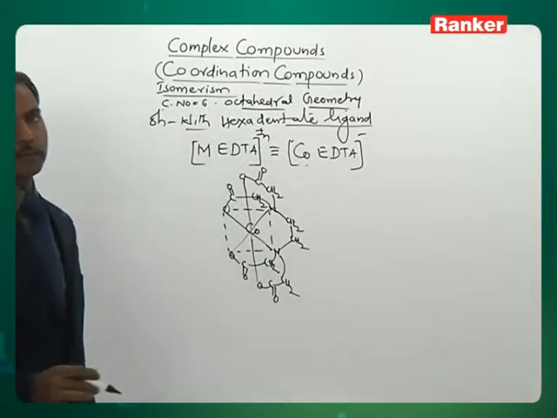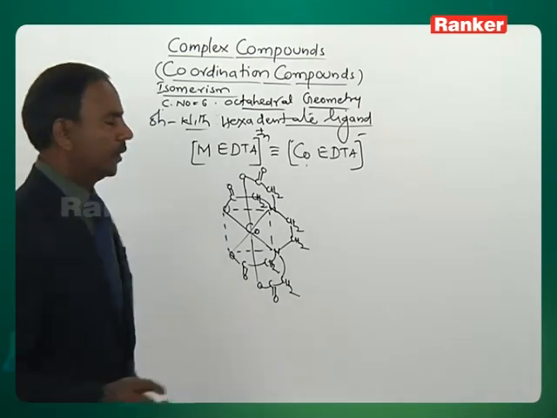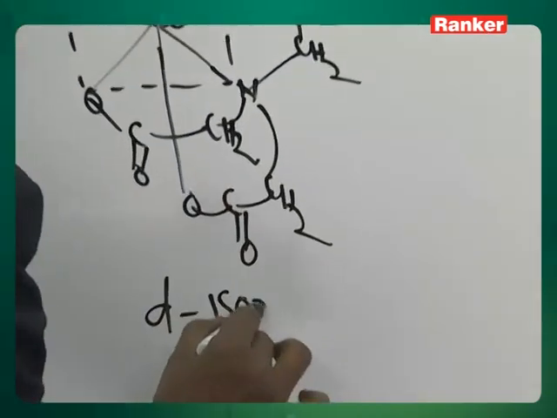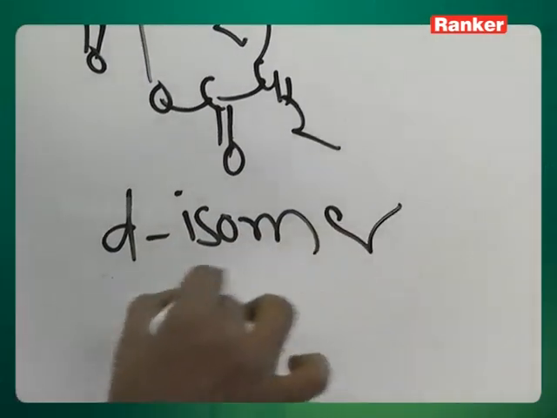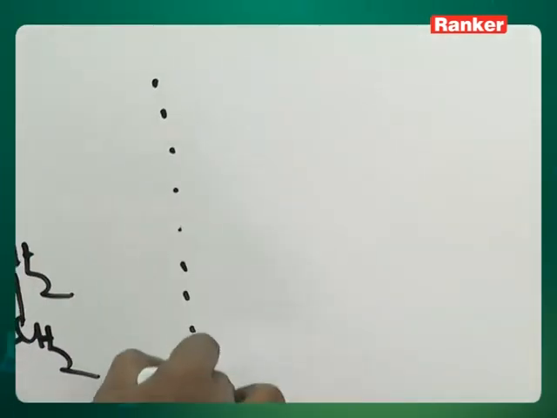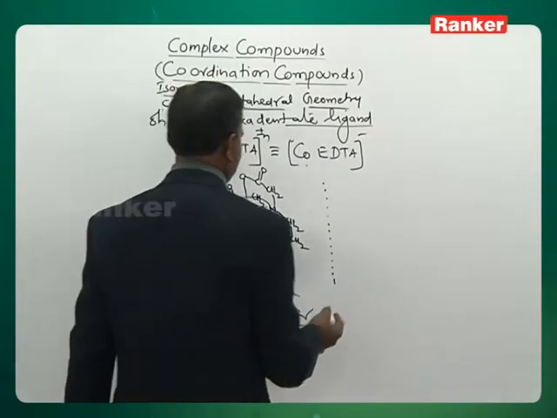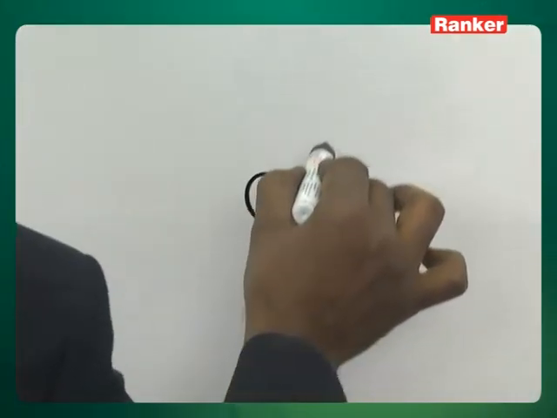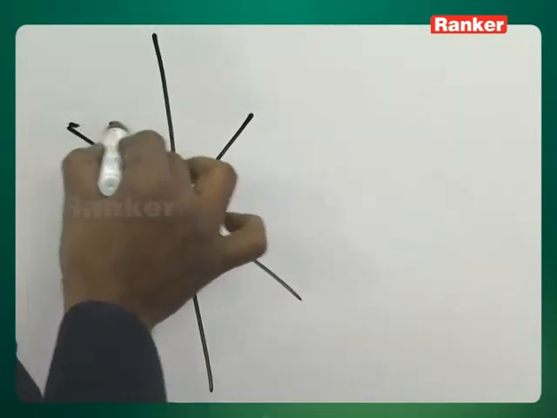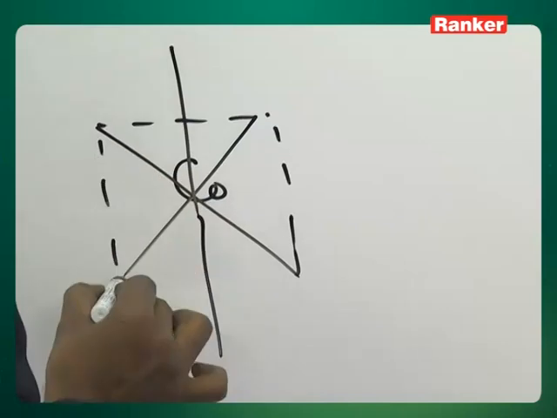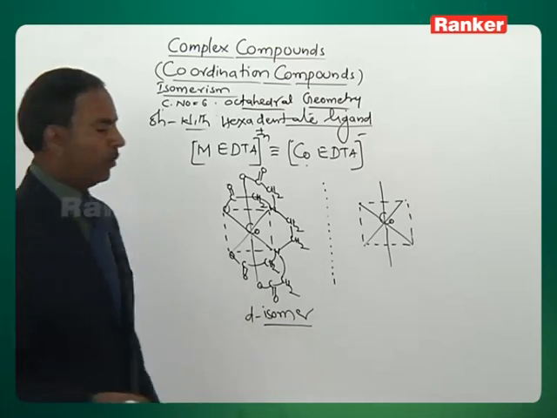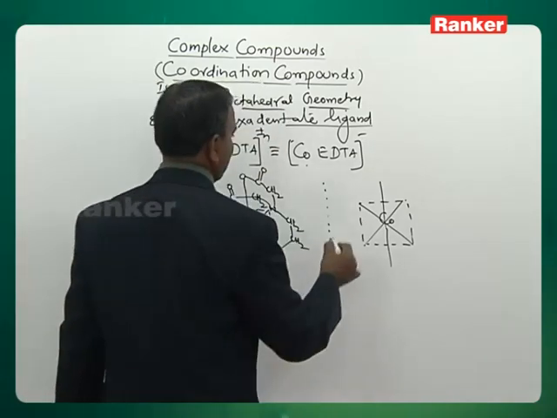See, you can consider this as the D isomer. Come on, write the mirror image for this. L isomer. For the same mirror image, right, that will be representing the L isomer.